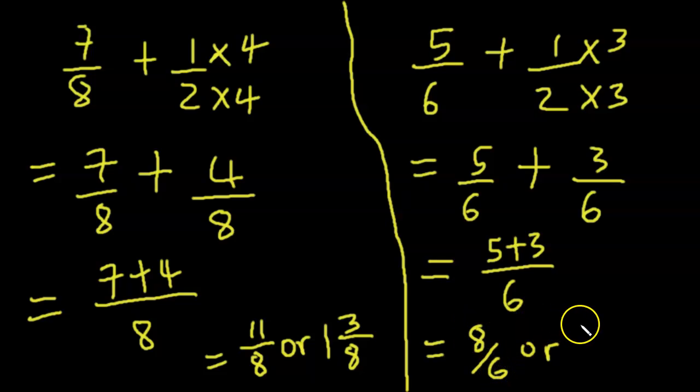So 8 divided by 2, that's 4. 6 divided by 2, that's 3, right? Or if you wish, you can write the answer as a mixed fraction. So 4 divided by 3, that's 1, leaving a remainder of 1, so 1 and 1/3. Any of those 3 forms is totally correct.